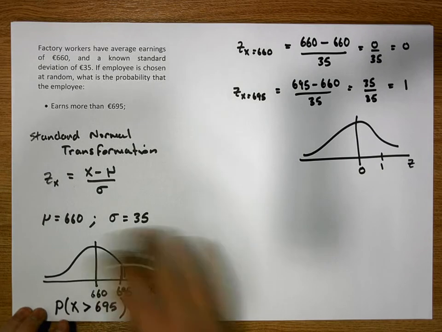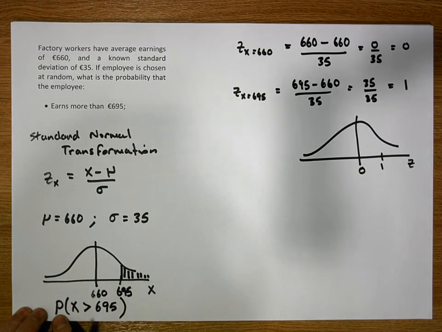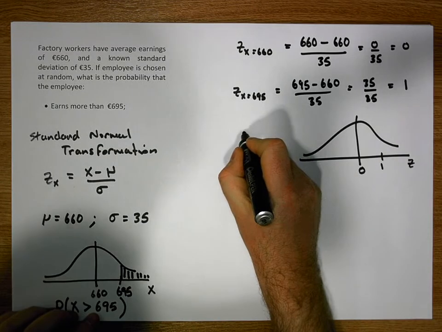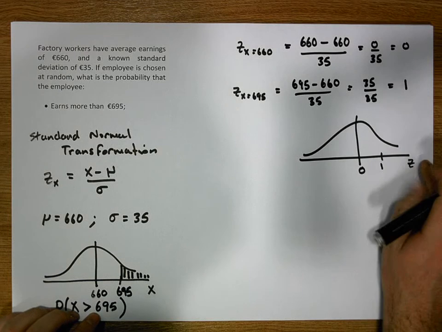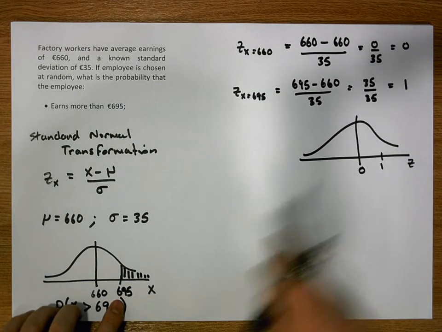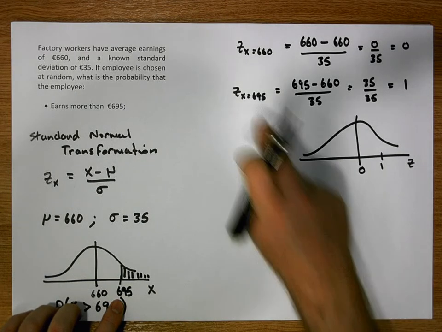Now in this scenario, we're interested in the probability that if we randomly select a worker, that's our x, they earn more than 695, which was areas to the right hand side of 695. In this situation, it's still areas to the right hand side. This time it's areas to the right hand side of 1, because 1 is associated with 695 under the transformation.